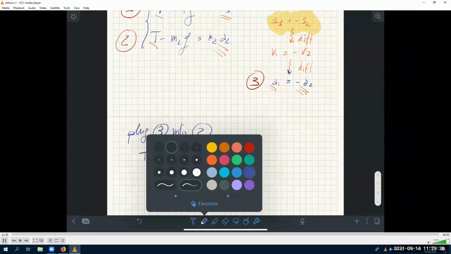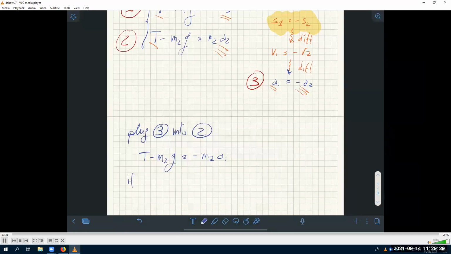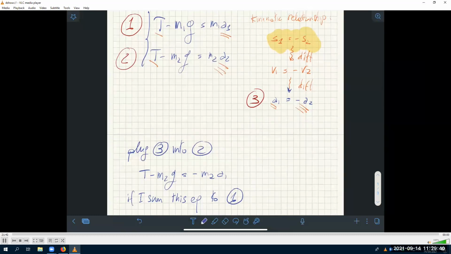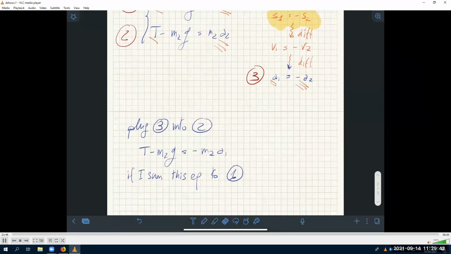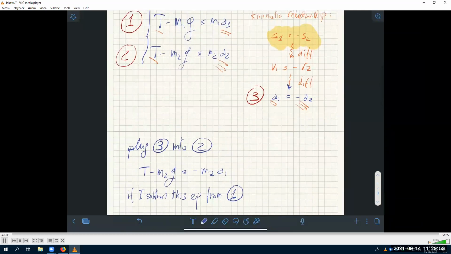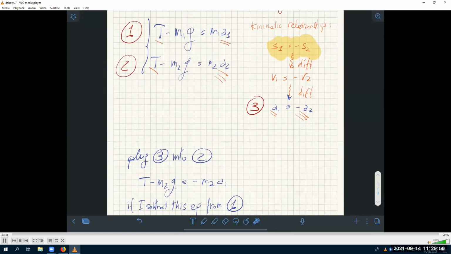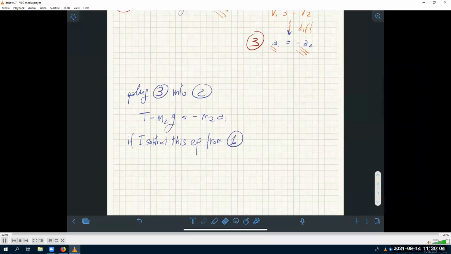Now, if I subtract this equation from equation 1, equation 1 minus this, T and T go away, easy.